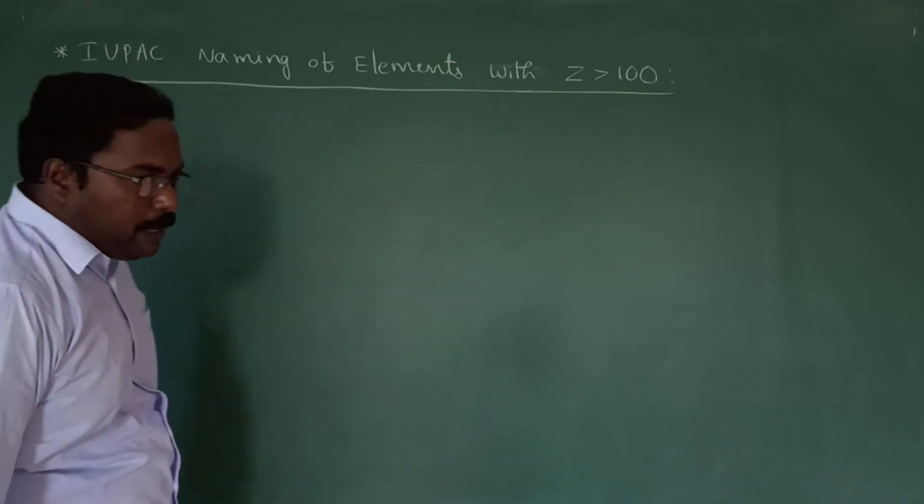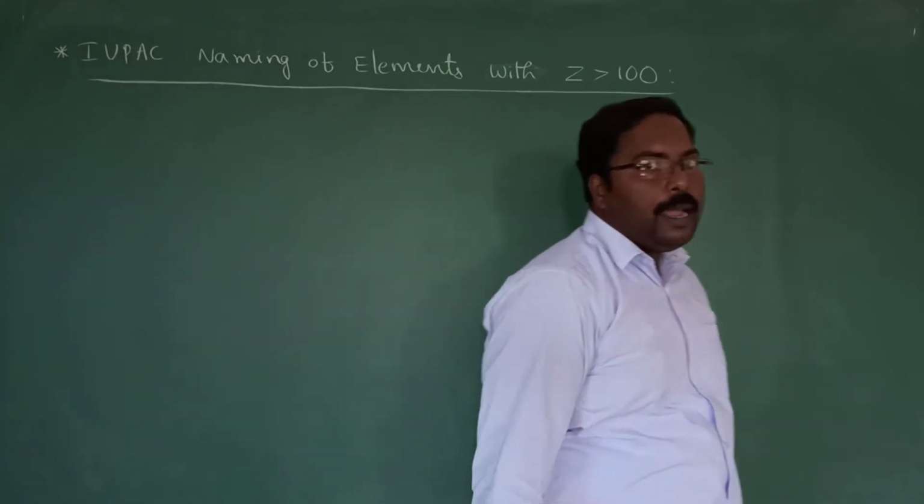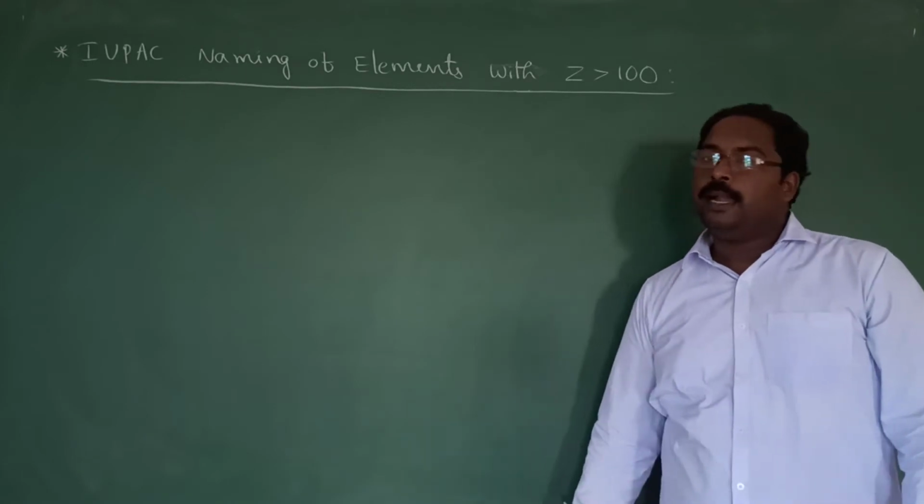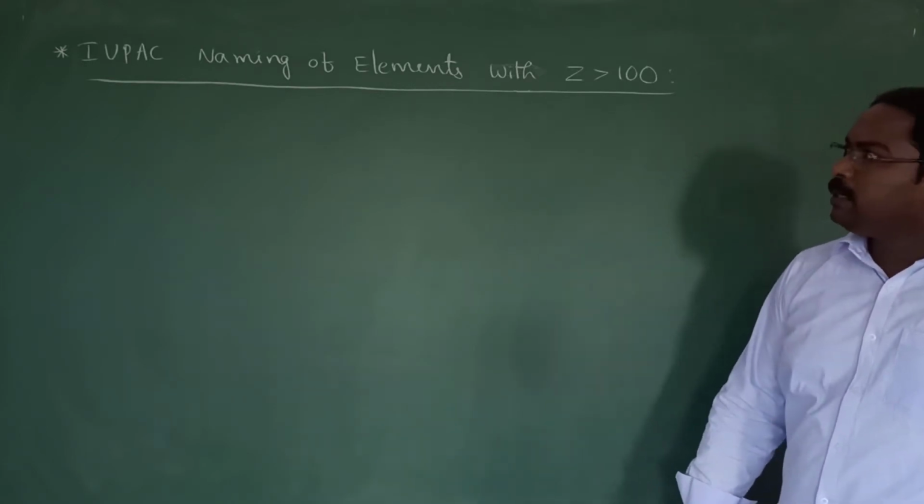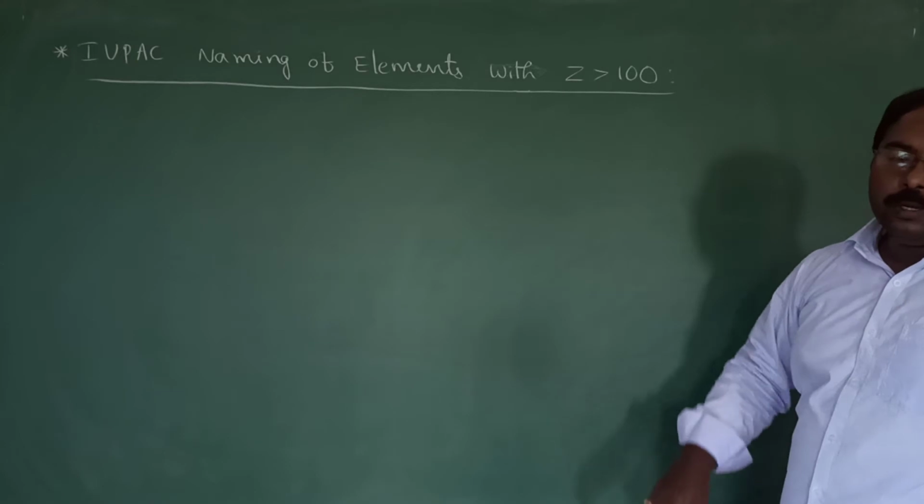Okay? IUPAC naming of the elements with the atomic number greater than 100. So how to name the elements with the atomic number more than 100?